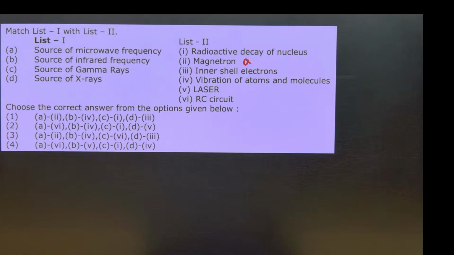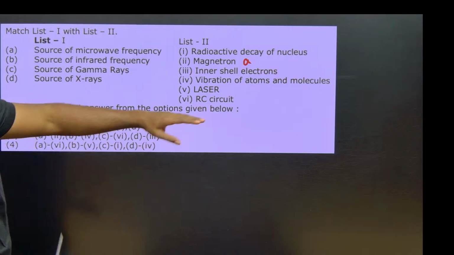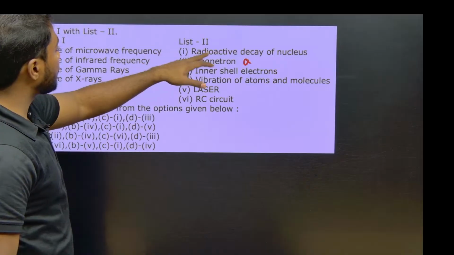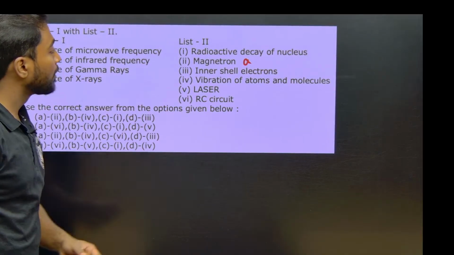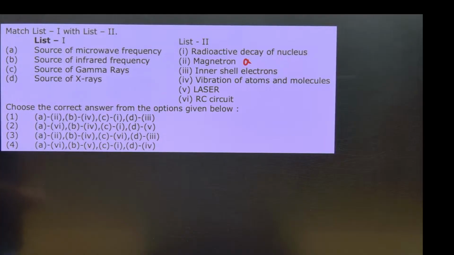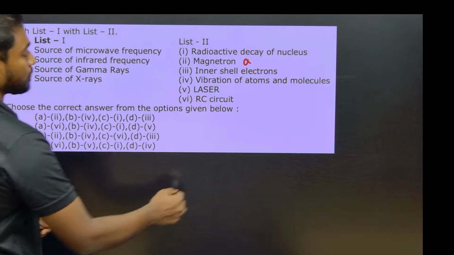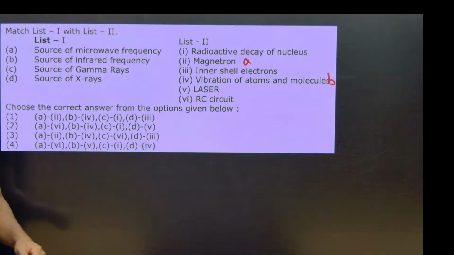Remaining are 1, 3, 4, 5, 6. Radioactive decay of nucleus, no. Inertial electron, obviously no. Vibration of atom and molecule, infrared frequency, yes. This is B.